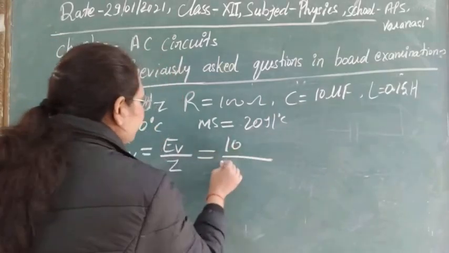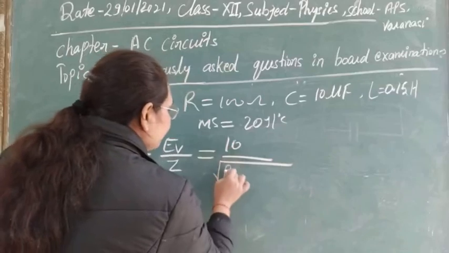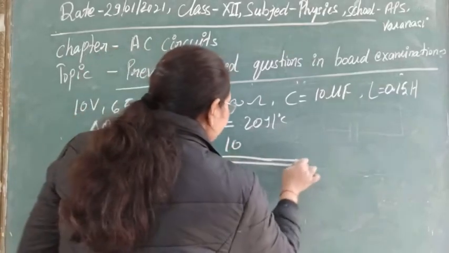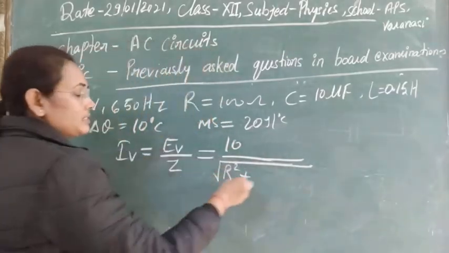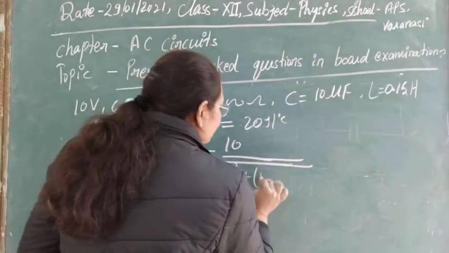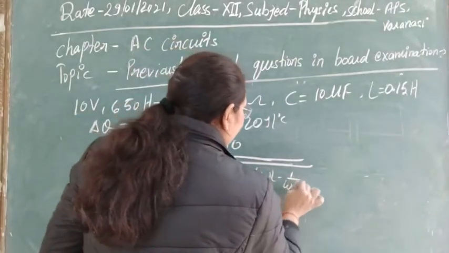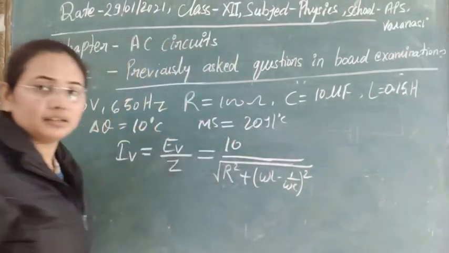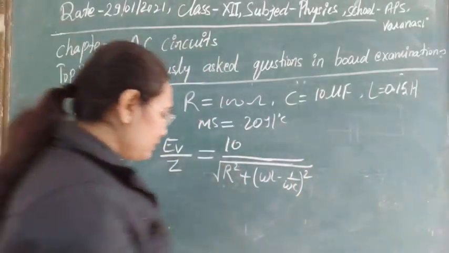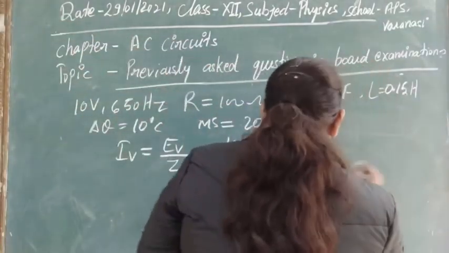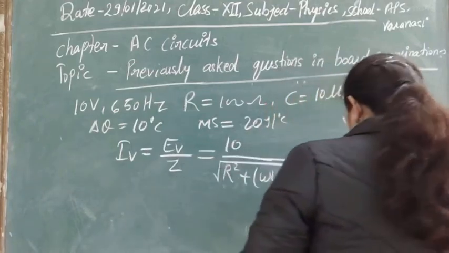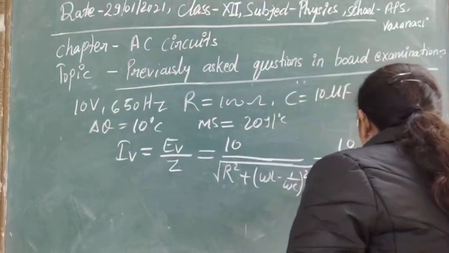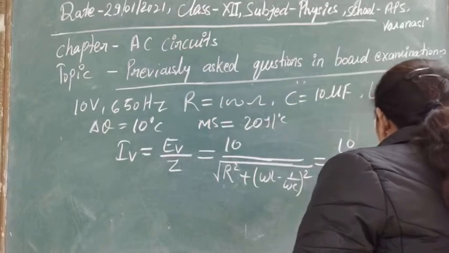So this is 10 upon the impedance, and as this is an LCR circuit, the impedance is given by the square root of R square plus (omega L minus 1 upon omega C) whole square. Now if we put in the values, this is 10 upon 596.82 ohm.